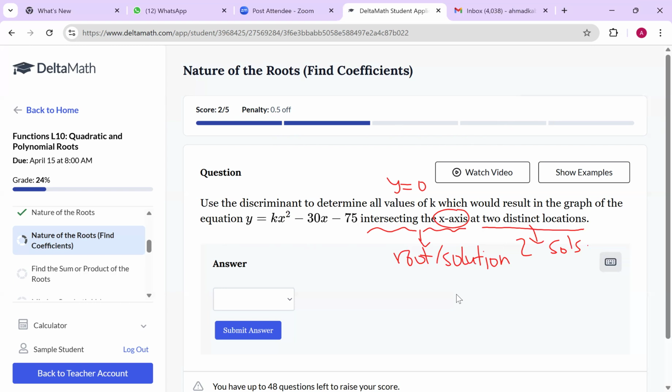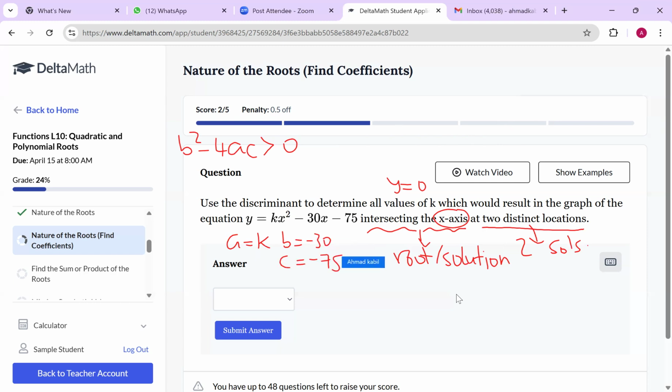which means that the discriminant has to be greater than 0. b squared minus 4ac has to be greater than 0. So a is k, b is -30, c is -75.